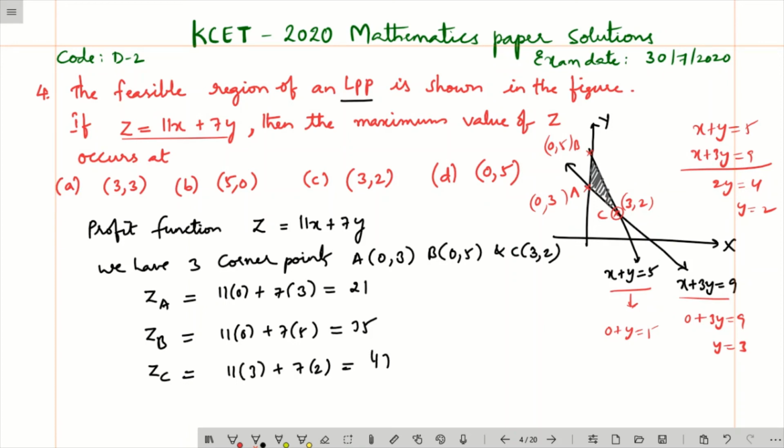You're getting 47. Alright. So these are the 3 values you got. And we can observe that among these 3, you are getting the maximum at point C. What is the point C here? 3, 2. So the maximum value of Z occurs at 3, 2. Okay. We'll see the next question.